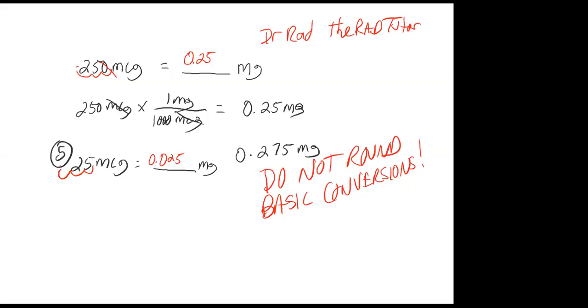All right. So let's work through a couple more of these basic unit conversions. I just harped on the fact that you do not round basic conversions, and now I'm going to show you the exception. The exception is when I go from different units, meaning when I go from US standard to metric, you will round to the nearest 10th if it's applicable.